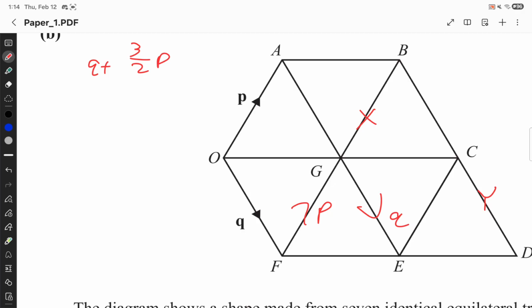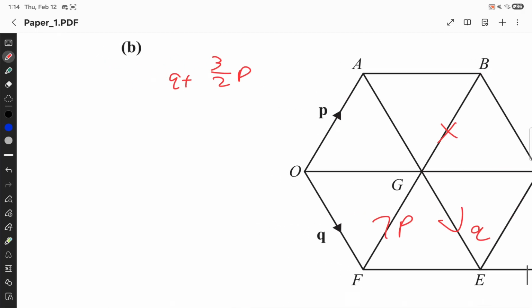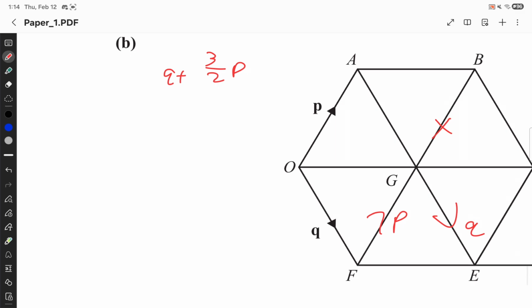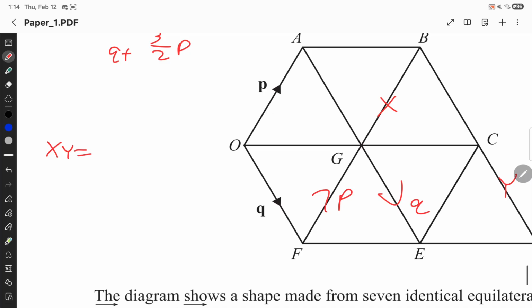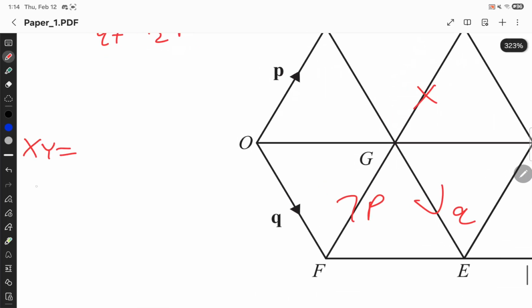So our goal is to do XY is equal to XF plus FY.